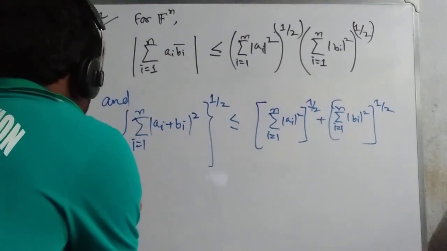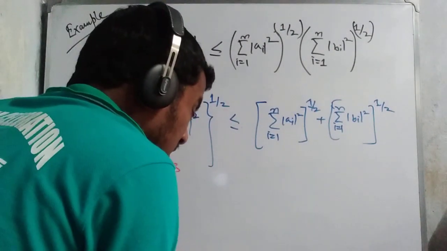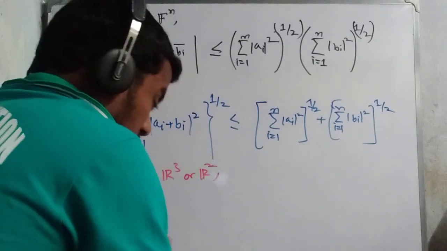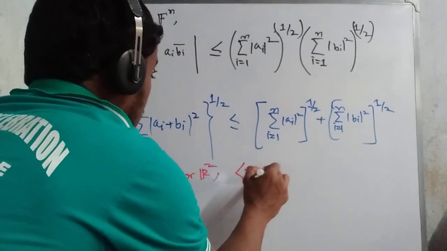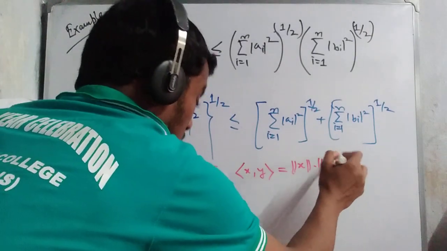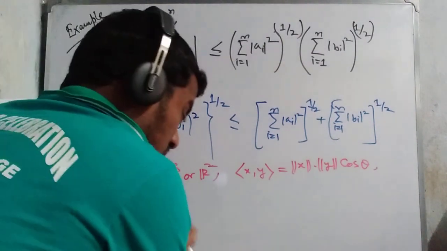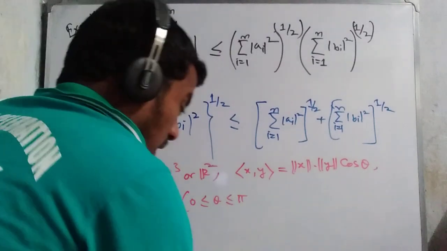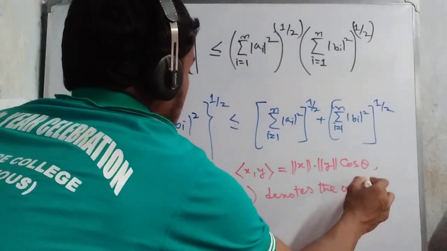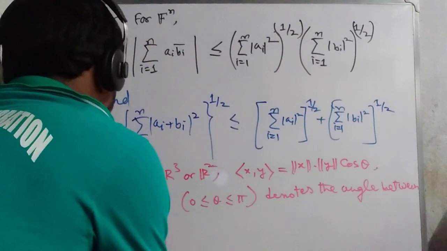For x, y in R^3, or for R^2 anywhere, we write it in this way: the inner product of x y equals the norm of x times the norm of y times cos theta, where theta satisfies 0 less than or equal to theta less than or equal to pi, and denotes the angle between x and y.